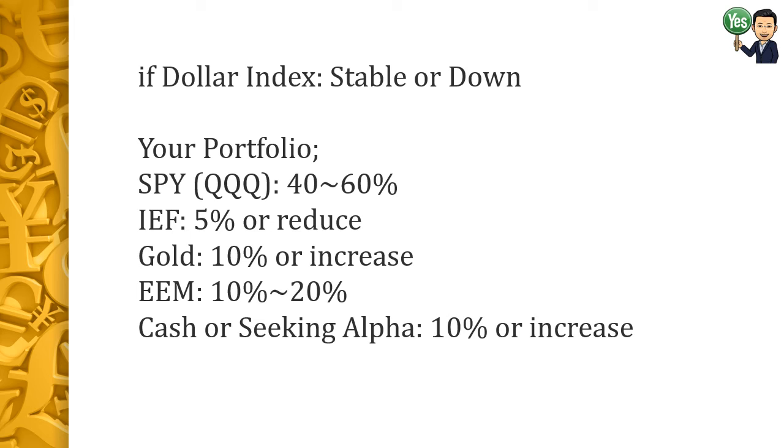If the stock price stays there, or very slowly increases or decreases, it's not very attractive. And then the gold price will probably go up. When the dollar price goes down, the gold price goes up further. So I'm thinking about 10% or more.